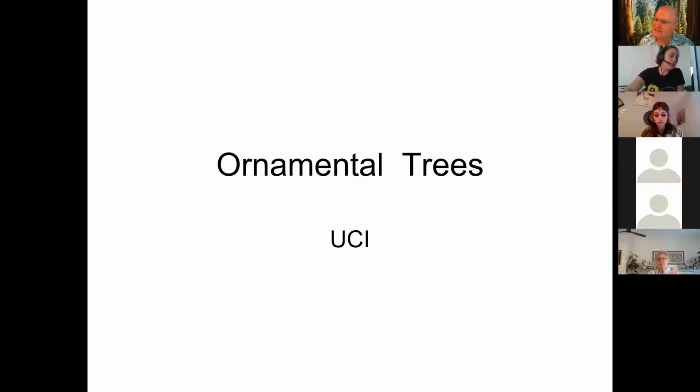Anyway, so this is typically a UCI list, and if you were so inclined and wanted to go to UCI, probably about 2/3 of them are in something called Aldrich Park, which is a circular park off of Campus Drive.